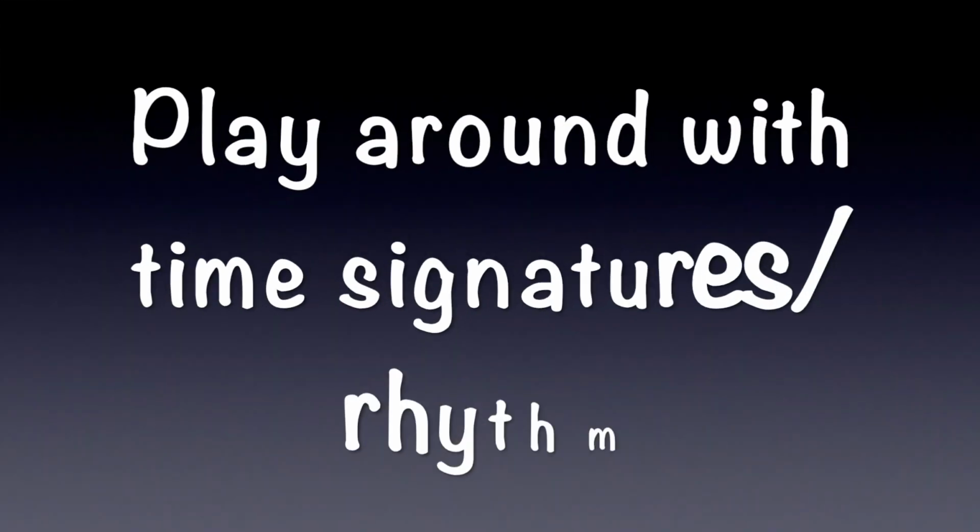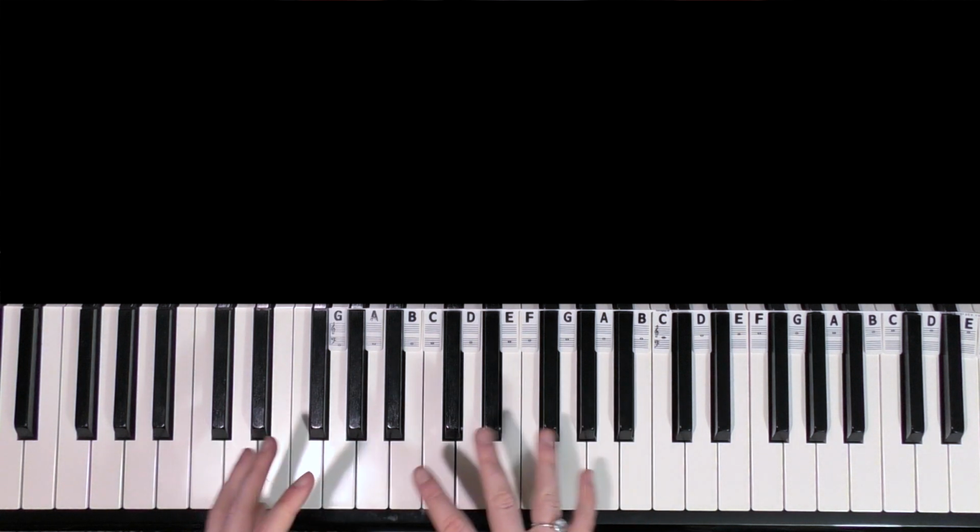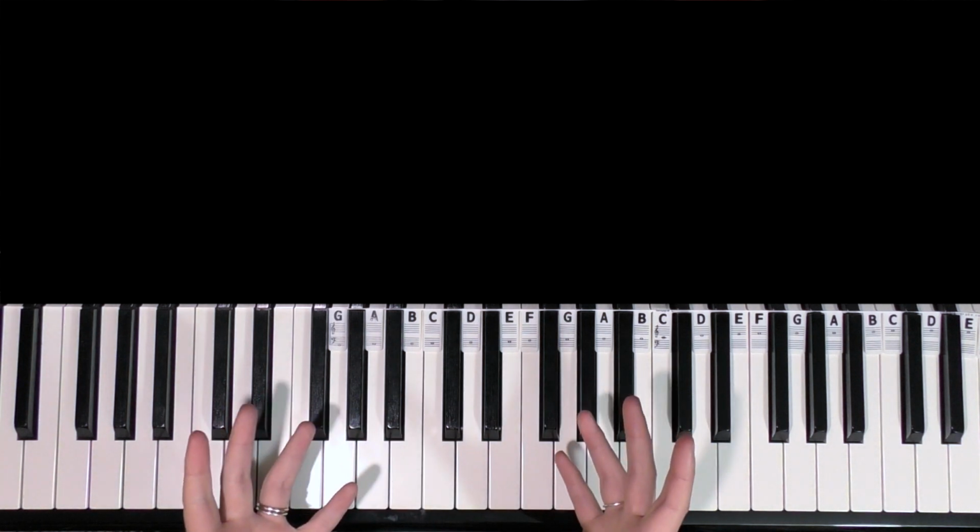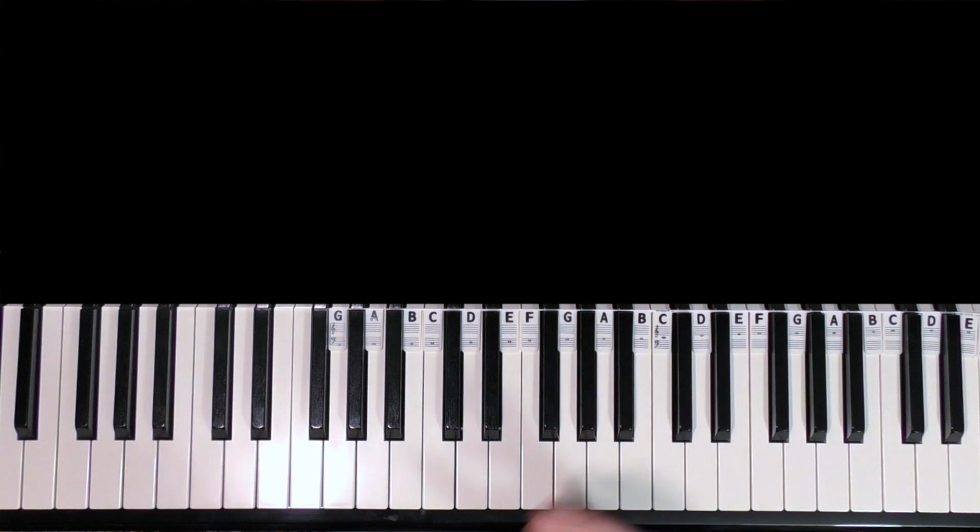You could try making it into a waltz, so changing the actual timing. I still think it needs to be quite low down and slow for it to sound as dark and eerie and like gothic as possible.